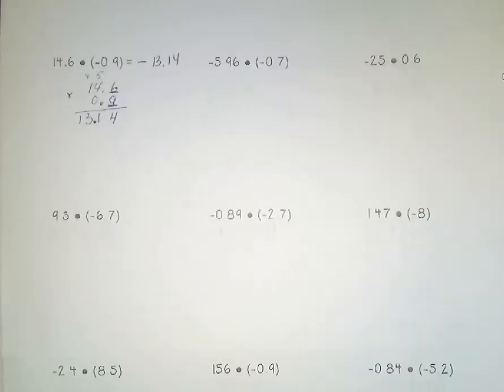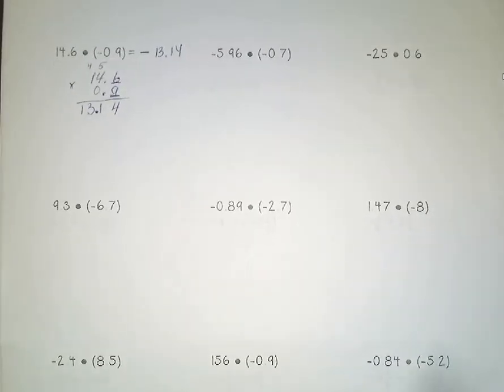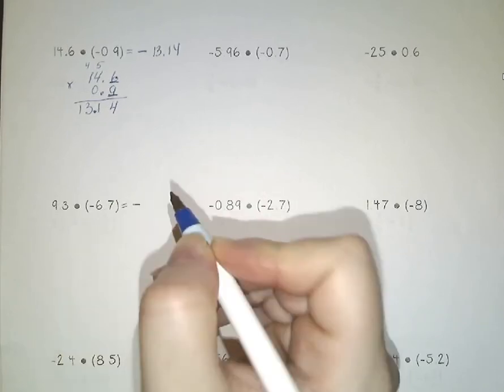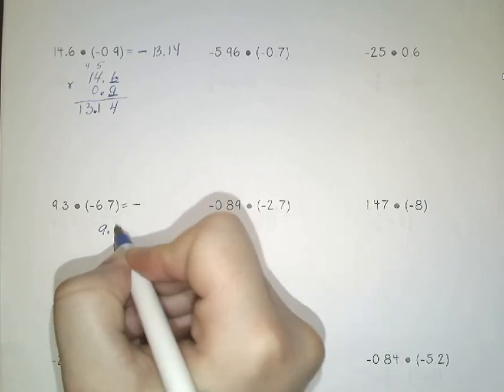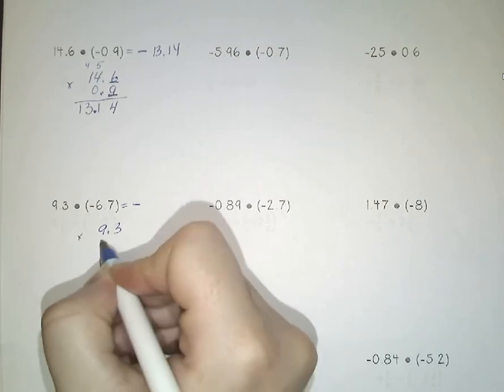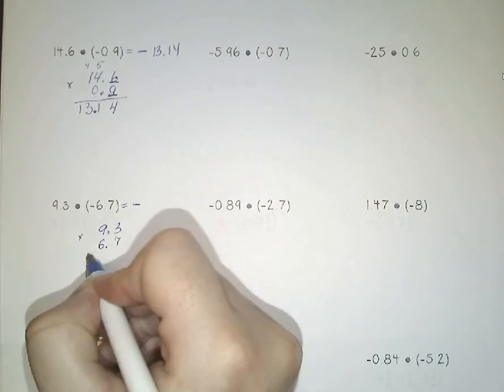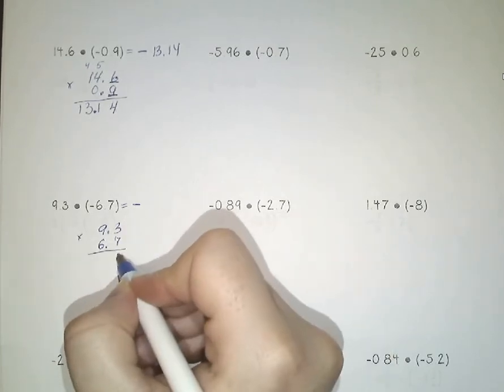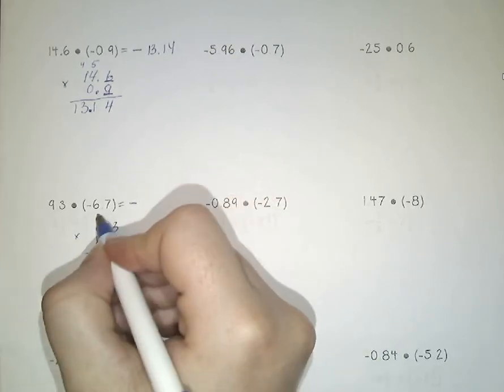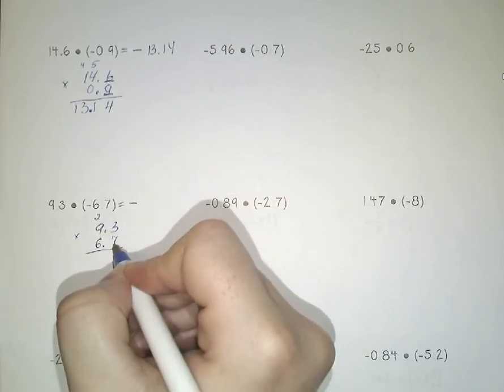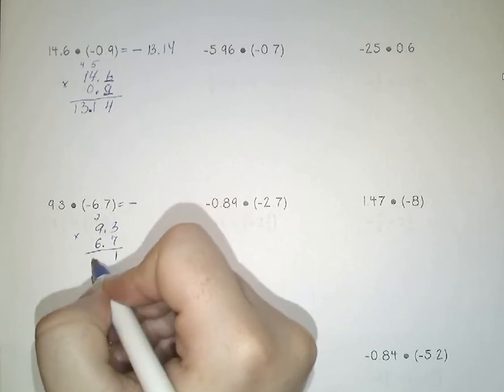Next one. Same rules, you're going to have a negative answer. And now you're multiplying 9 and 3 tenths by negative 6 and 7 tenths. 3 times 7 is 21. 9 times 7 is 63 plus 2 is 65.